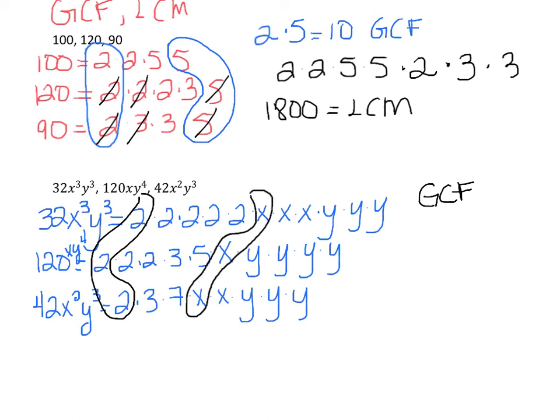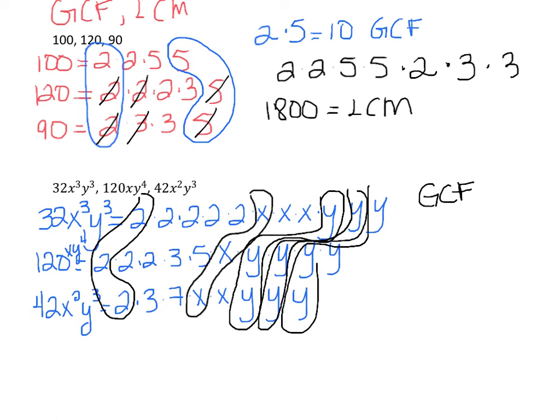There's no second x going on here, so I can't use any of these. So I can move on to the y's. There's a y. That's 2 of them. 3 of them. So I have 3 y's.